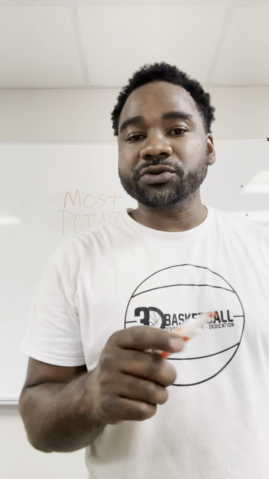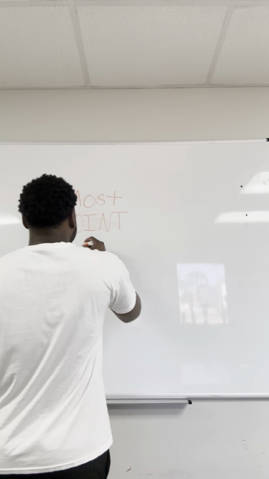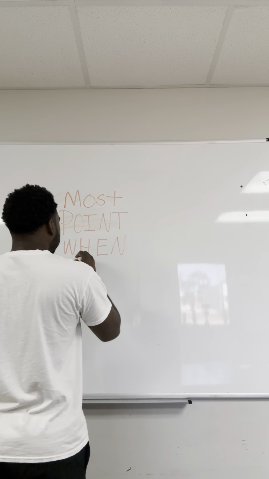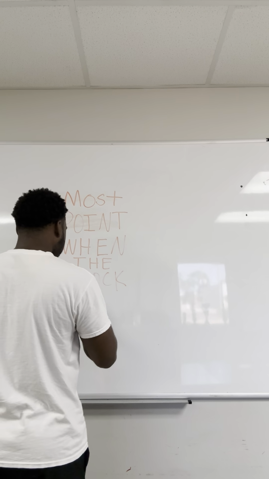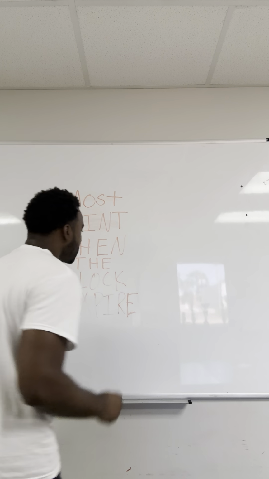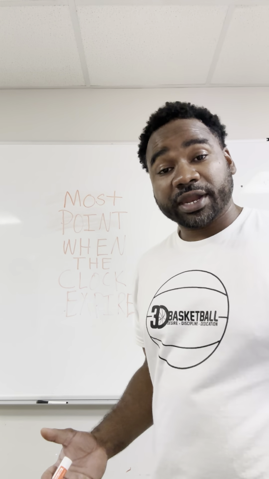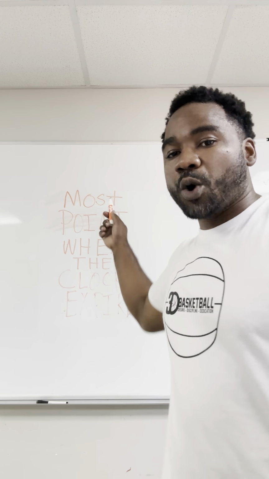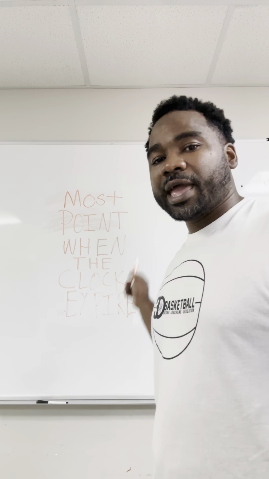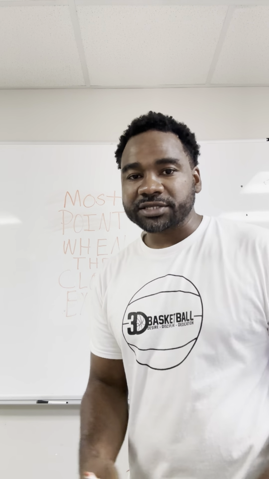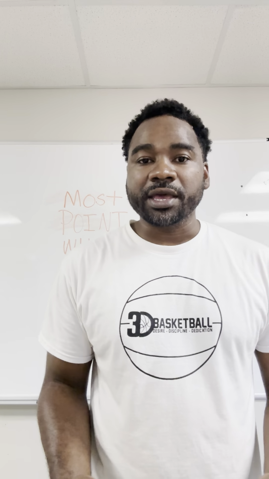But it has to be when the clock expires. So in a game of basketball, there's a game clock that runs throughout the course of the game. And in order for you to win the game, you have to have the most points. So that's our object of the game.